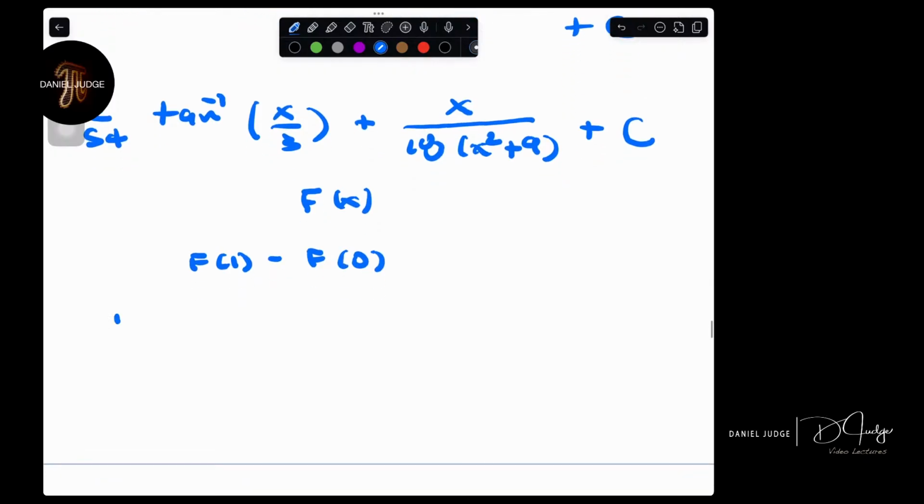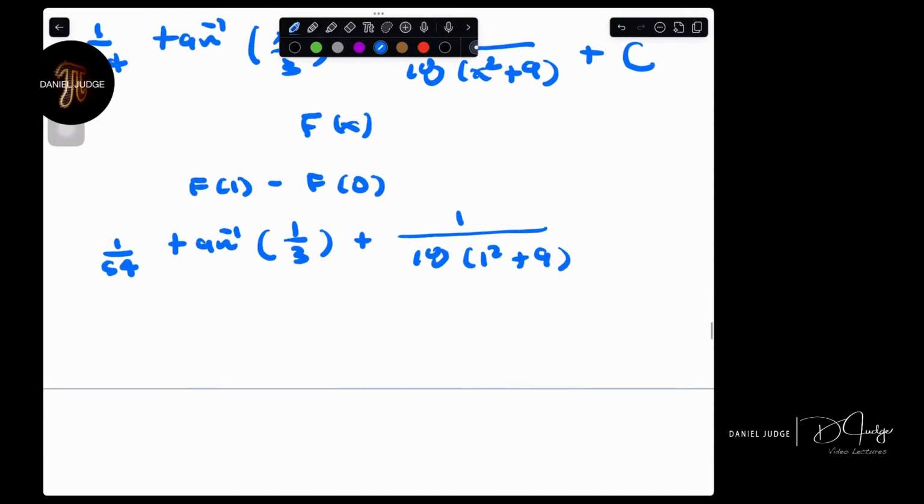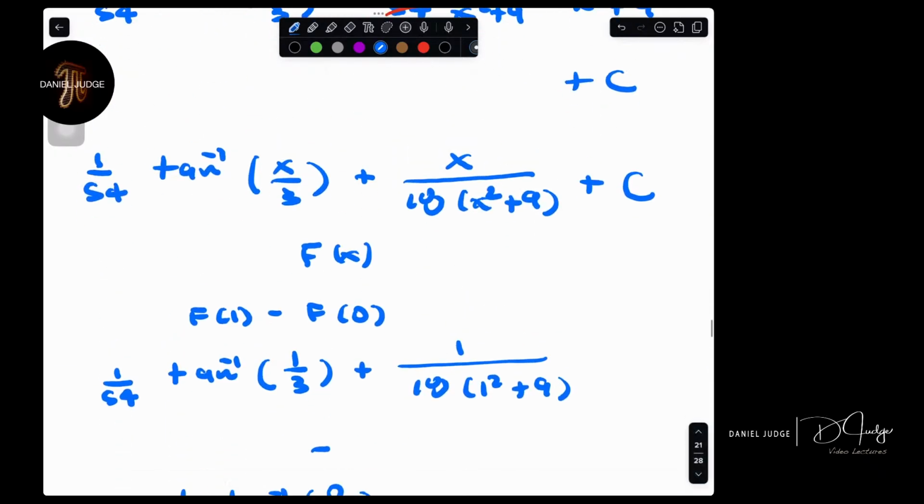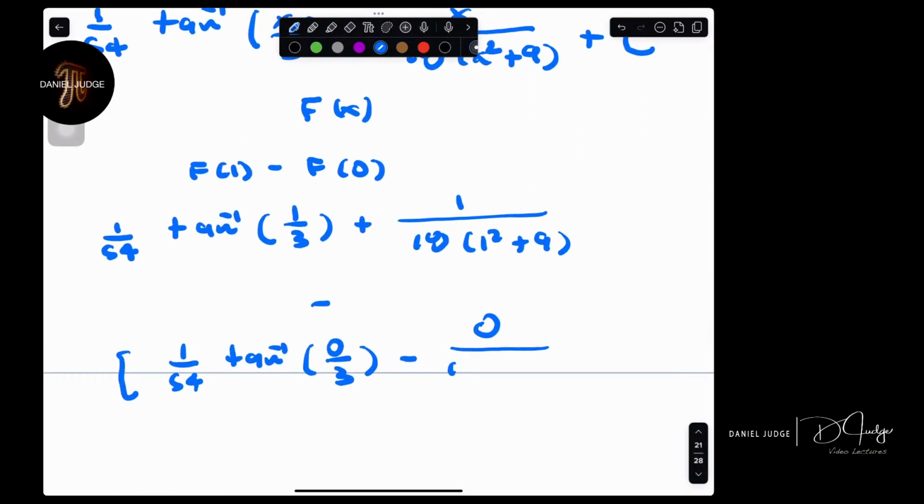Okay, 1 over 54 inverse tangent 1 over 3 plus 1 over 18 times 1 squared plus 9, minus, I'll put this bracket, inverse tangent 0 over 3 minus 0 over 18 times 0 squared plus the 9.